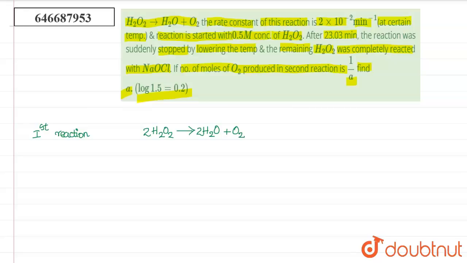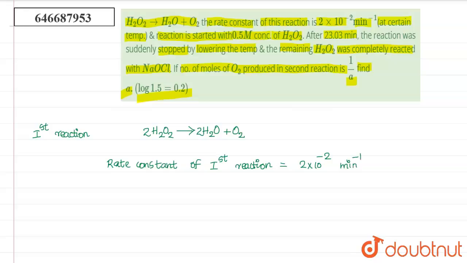And given that rate constant of this reaction is 2 into 10 raised to minus 2 per minute. Rate constant of first reaction is equal to 2 into 10 raised to minus 2 per minute.